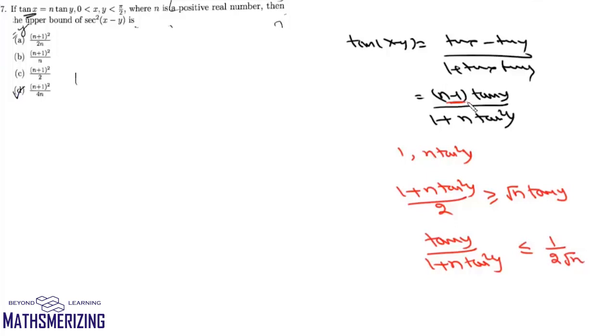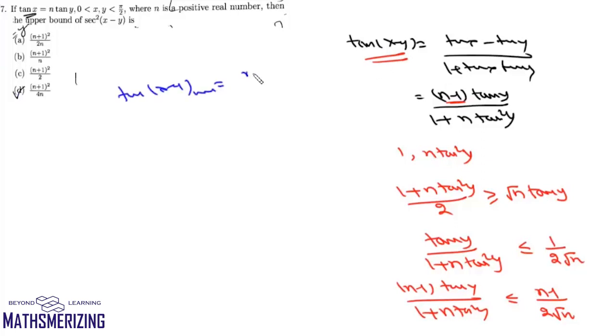If we multiply n minus 1 with it, then we can write n minus 1 tan y upon 1 plus n tan square y is less than or equal to n minus 1 upon 2 root n. So the upper bound of tan x minus y will be n minus 1 upon twice under root n.